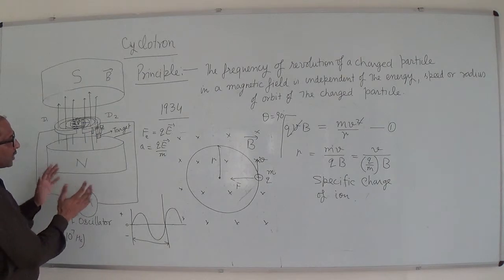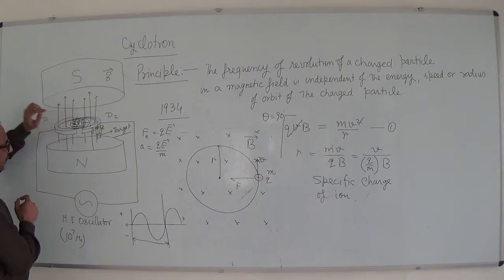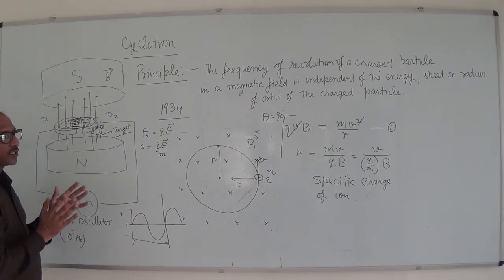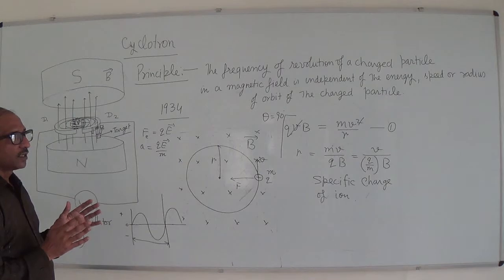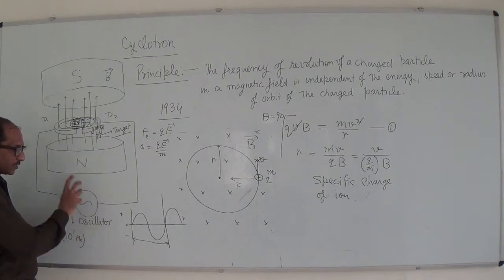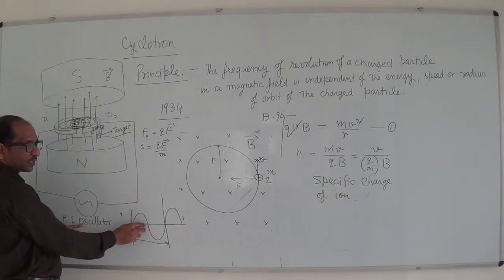And now what is the physics? Physics is the time. A small semicircle or a bigger one, every time the ion is taking the same time, and this high frequency oscillator is also designed in this way. When the ion completes the semicircle, the oscillator also completes its semicircle.